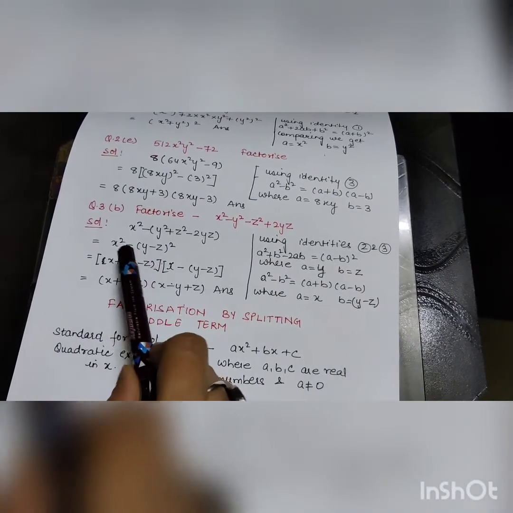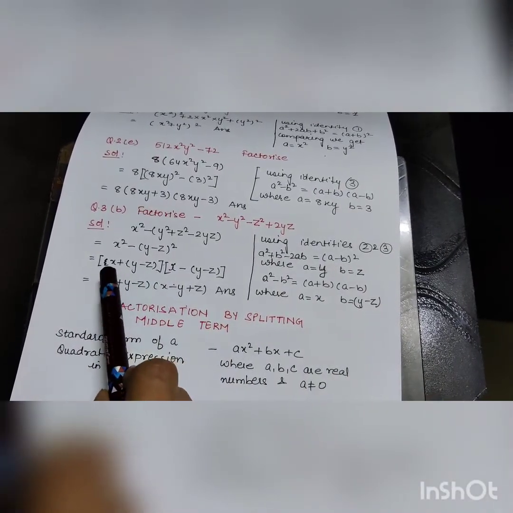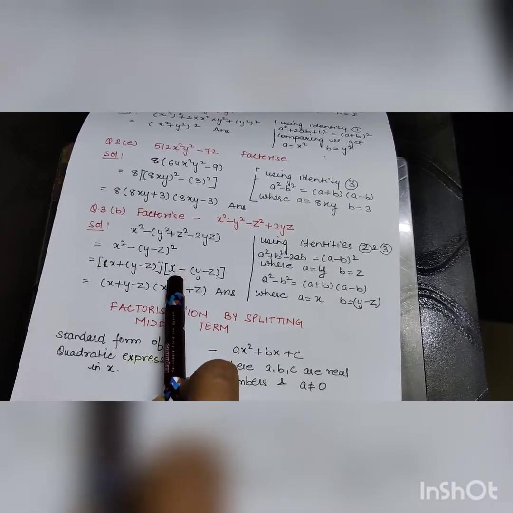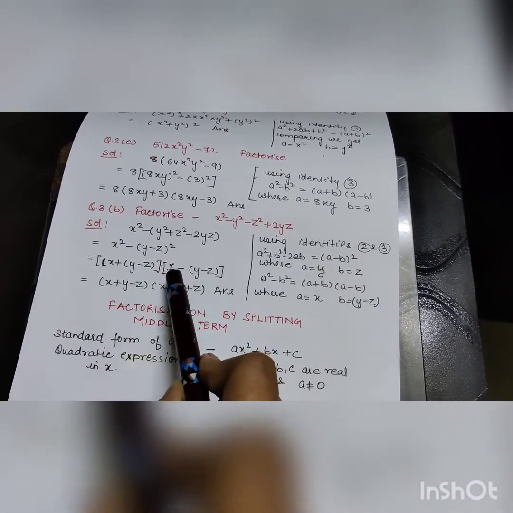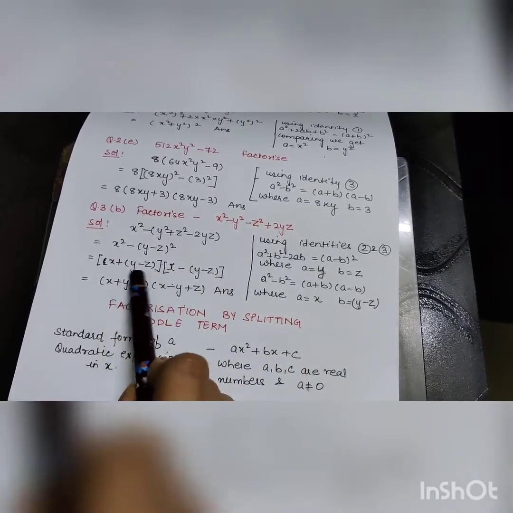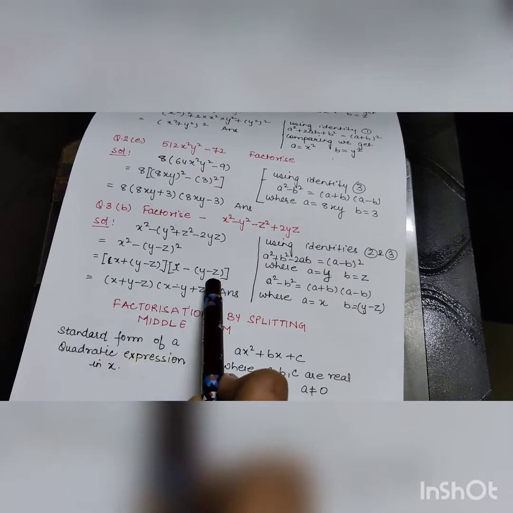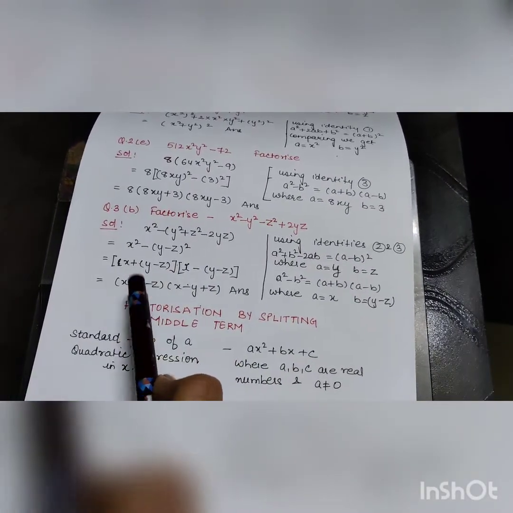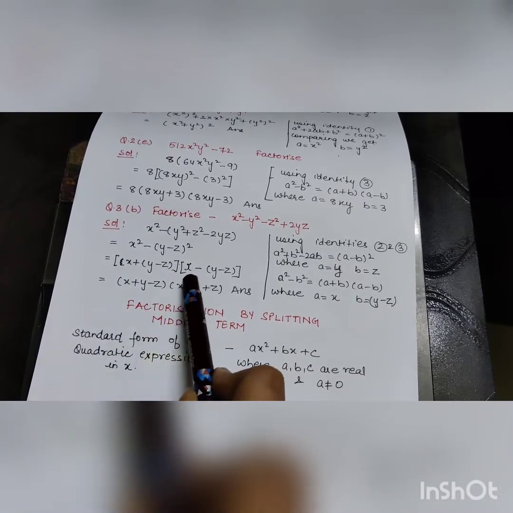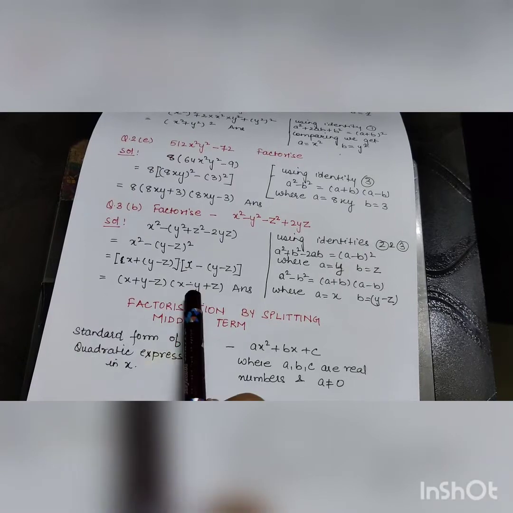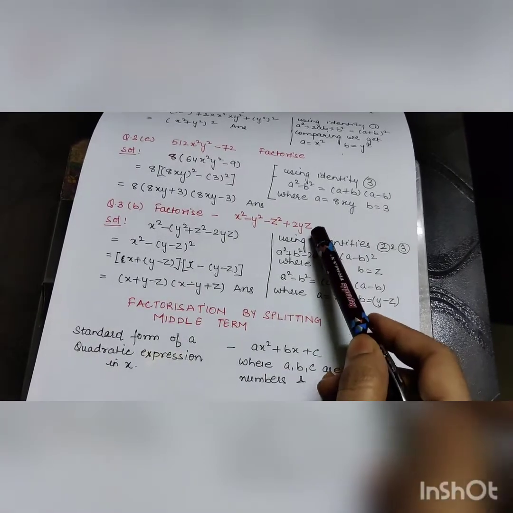So this can be written as a plus b, which means x plus y minus z, and a minus b, which means x minus y minus z. So this is the a plus b form and this is the a minus b form. Let's open the smaller bracket: x plus y minus z and x minus y plus z. So these two are the factors of this given expression.